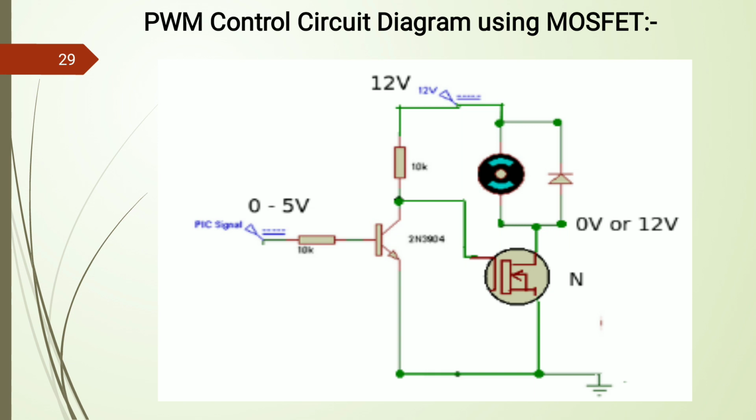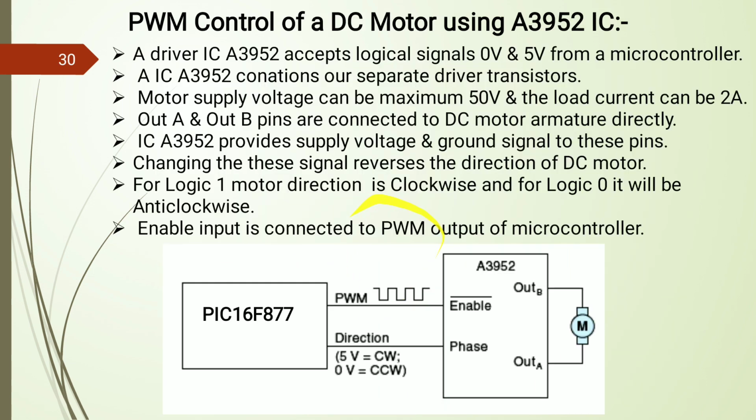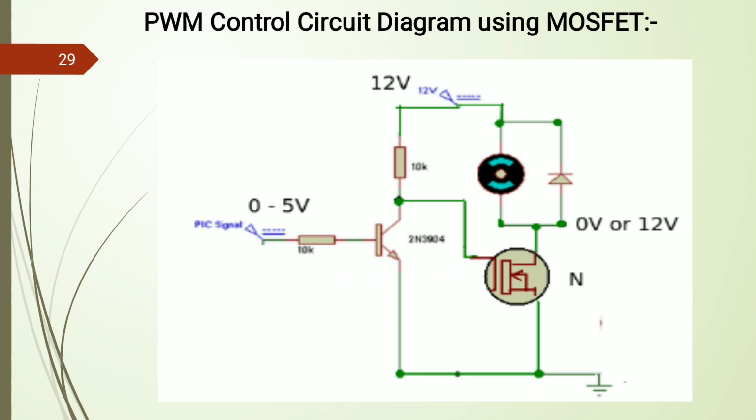circuit for the DC motor, it is like this. The signal comes from the PIC microcontroller and is applied at the input. The first transistor is able to generate more power, that is an intermediate voltage level up to 12 volts, to drive the MOSFET.